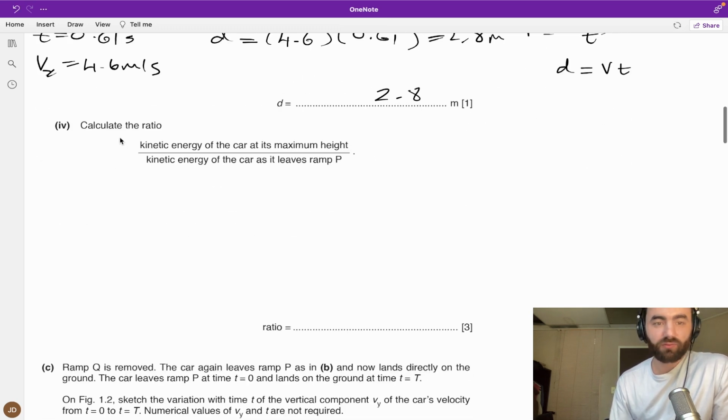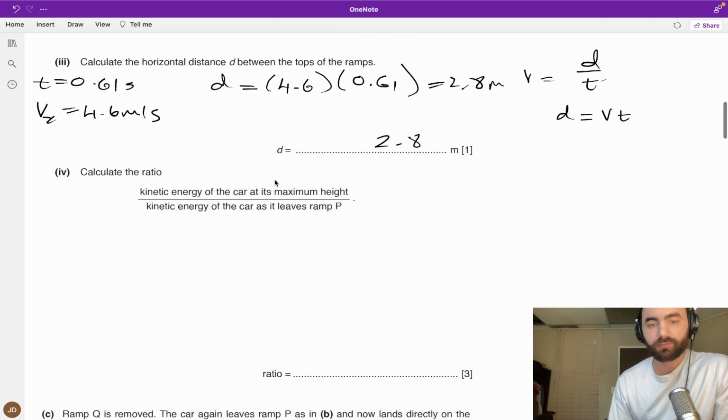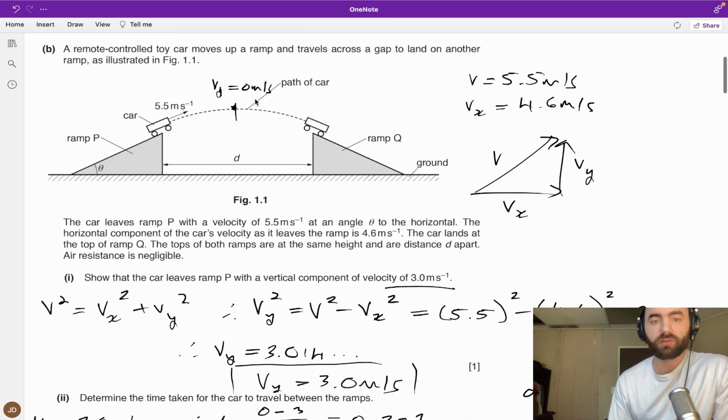Okay, so calculate the ratio of the kinetic energy of the car at its maximum height to the kinetic energy of the car when it leaves the ramp. Well, the kinetic energy of the car at its maximum height means all of its velocity is acting in the horizontal direction. The horizontal component of the velocity will stay constant throughout this arc.